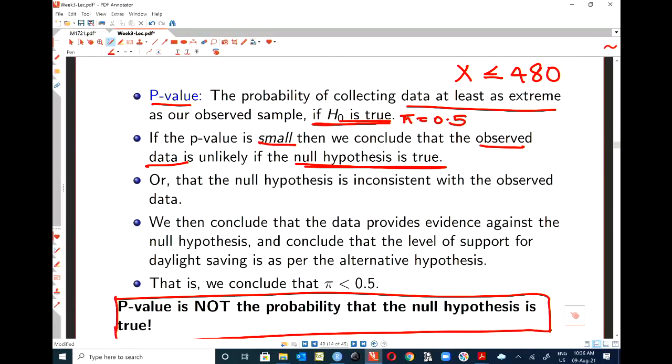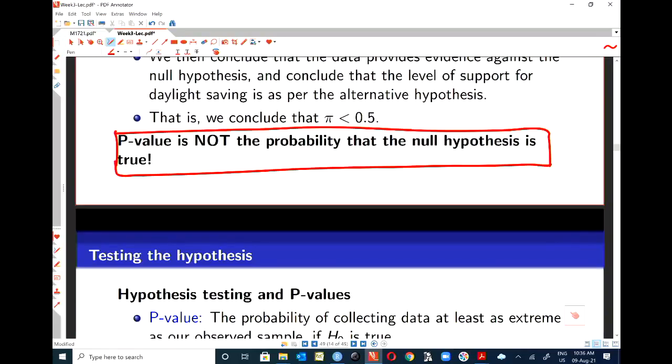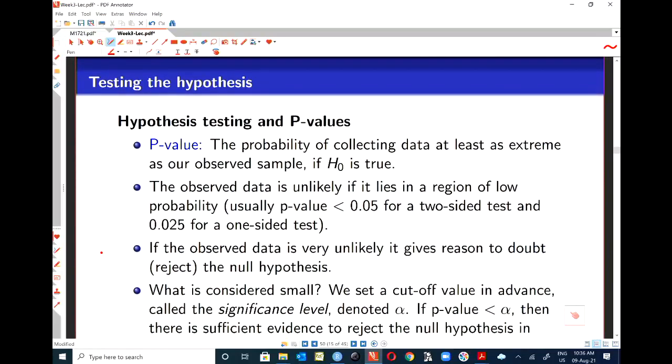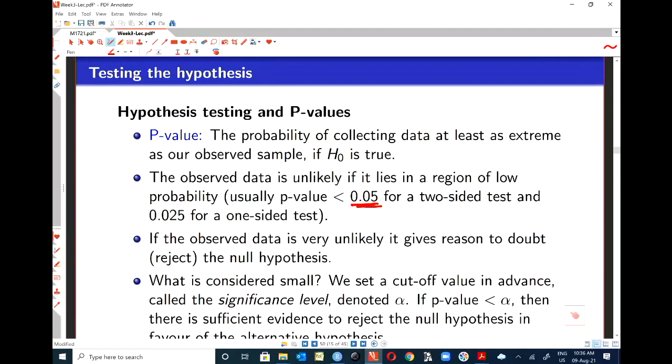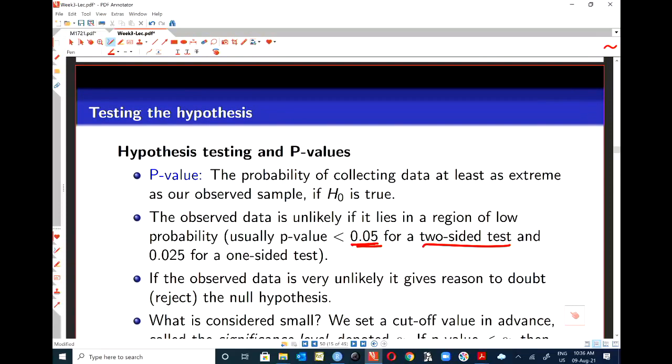Now, the idea we had was that it's small, and small of course is quite arbitrary. And so what we usually do is take 0.05 as our significance level for a two-sided test. Now a two-sided test looks like this. H0 says pi equals 0.5 and H1 says pi is not equal to 0.5.